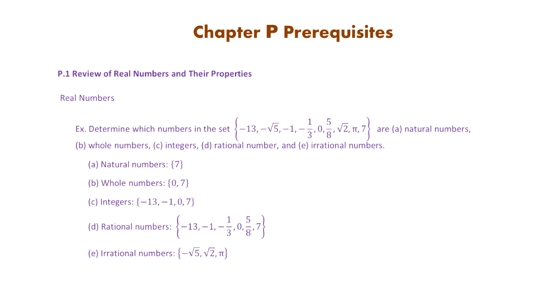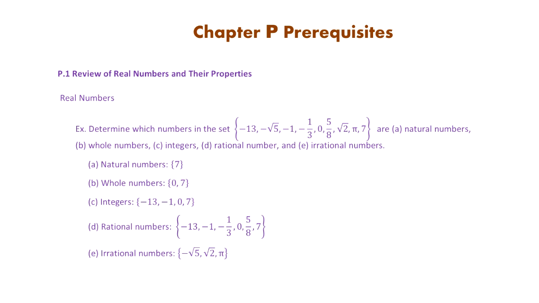It says determine which numbers in the set are A, natural numbers, B, whole numbers, C, integers, D, rational numbers, and E, irrational numbers. This set includes 9 numbers: negative 13, negative square root 5, negative 1, negative 1/3, 0, 5/8, square root 2, pi, and 7.